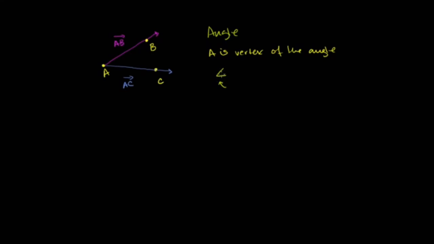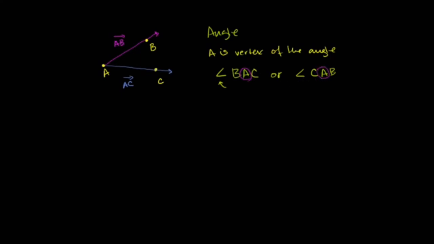You'd say angle BAC, or you could say angle CAB. In either case, they're specifying this corner, or sometimes you could view it as this opening. The important thing to realize is that you have the vertex in the middle of the letters.